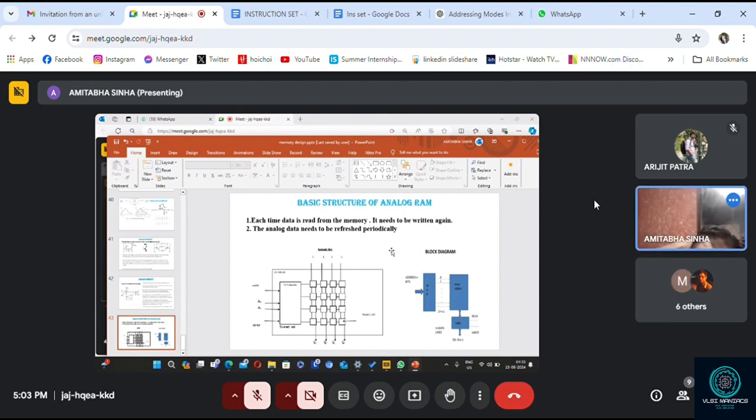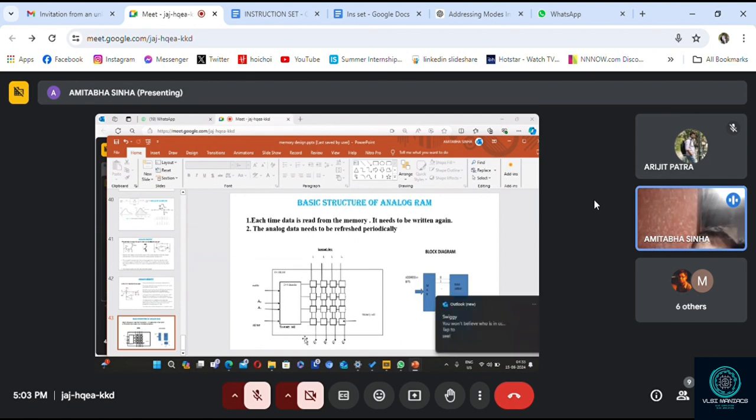You have to restore it. That is the basic principle of dynamic memory, in fact, for digital dynamic memory as well, because in digital dynamic memory, data is stored in terms of capacitors. That's why they need to be refreshed. That is the concept of DRAM. Here, this is also the same principle as DRAM, because in DRAM it is not flip-flops but a capacitor where the charge is stored.